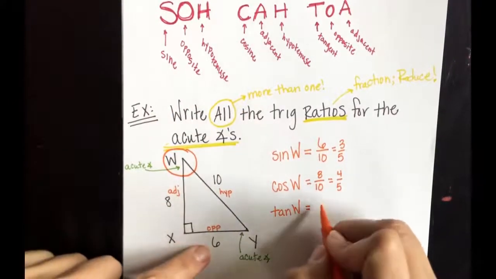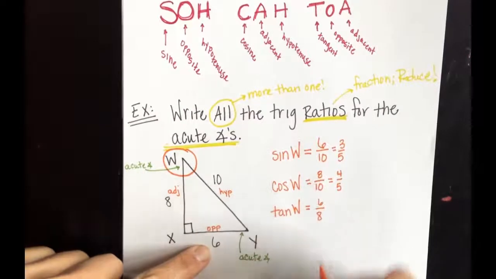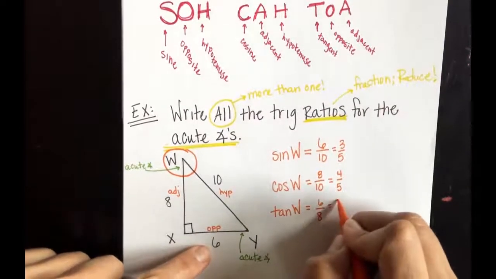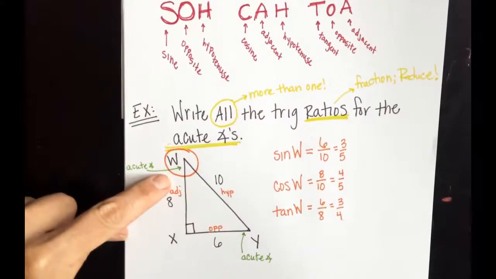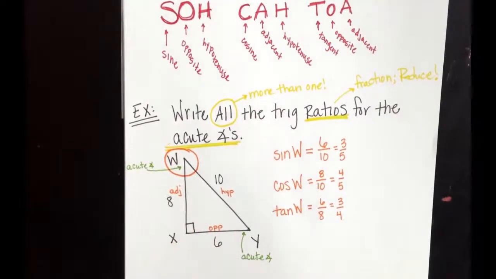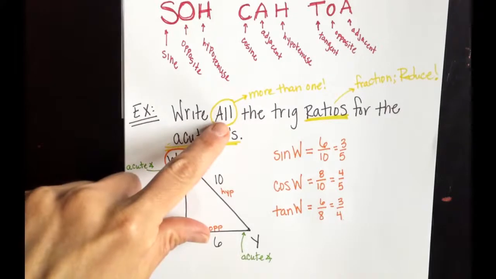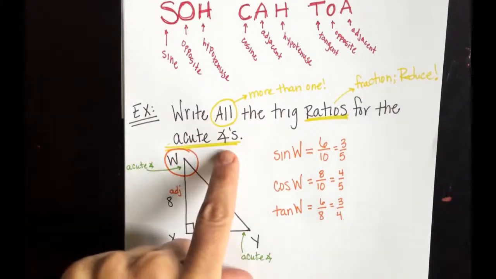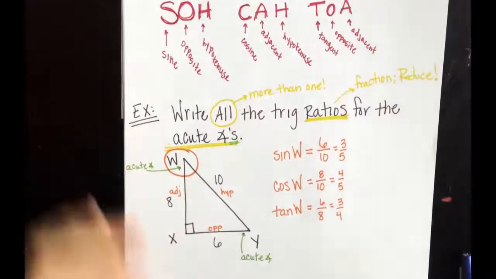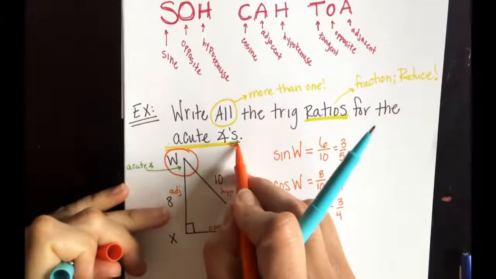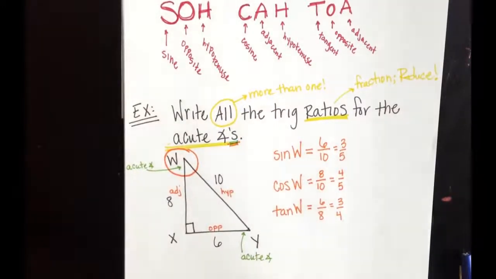And then the opposite over adjacent lengths, and again, we reduce. Now that was angle W. All the trig ratios, and we have plural the acute angles. So I need to make sure that I deal with both angles.